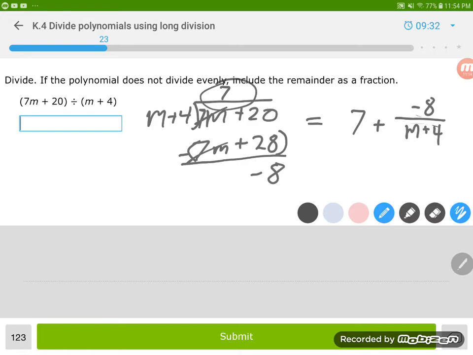Now, why is that? That's because negative 8 can never evenly be divided by m plus 4, so we have to just leave it as an unfinished fraction, or an uncalculated fraction. That's why we write negative 8 divided by what we were dividing by. Okay, if this feels weird, just give it some time. I promise with practice, it's going to feel a lot more natural.